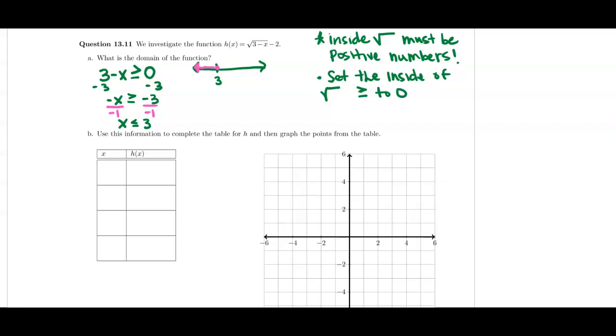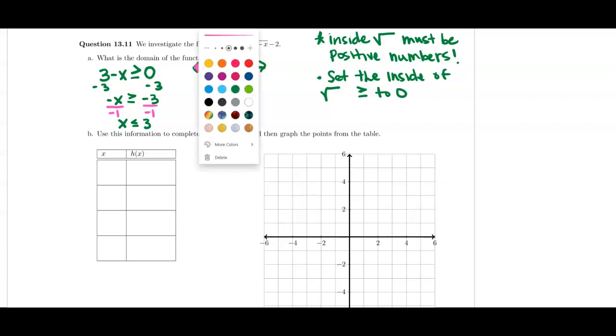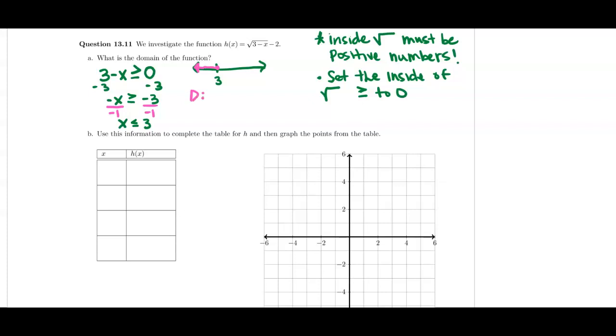So you're reading the graph from left to right, so it's going clear out to negative infinity, so parenthesis negative infinity to 3, and it stops there. We only want to choose x's that are smaller or equal to 3. Because it equals it, I'm going to use a bracket, not a parenthesis, on that 3 side. And that would be my domain of this.